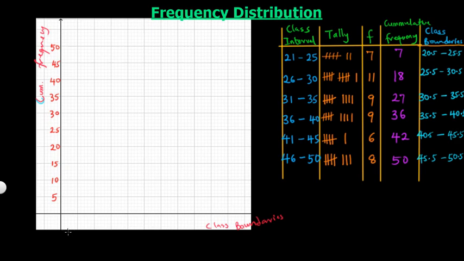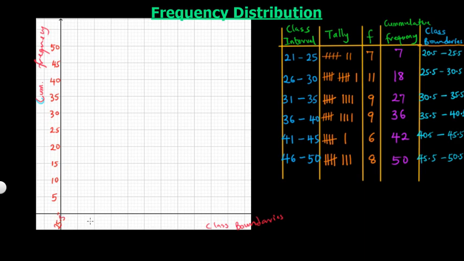So for the class boundary, the first class boundary ends at 25.5. So I'm using the upper class boundary for each class boundary that we have. So here I can call this point now for my upper class boundary is 25.5.